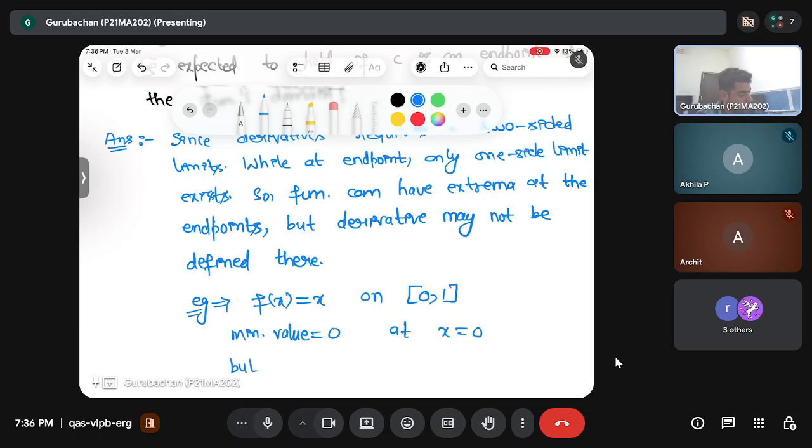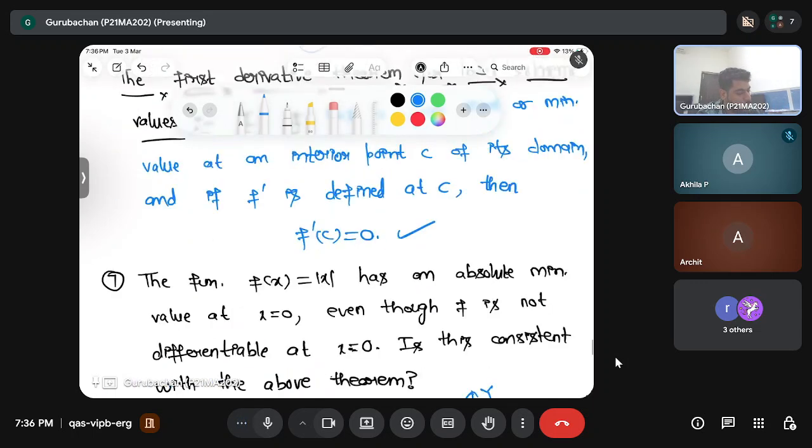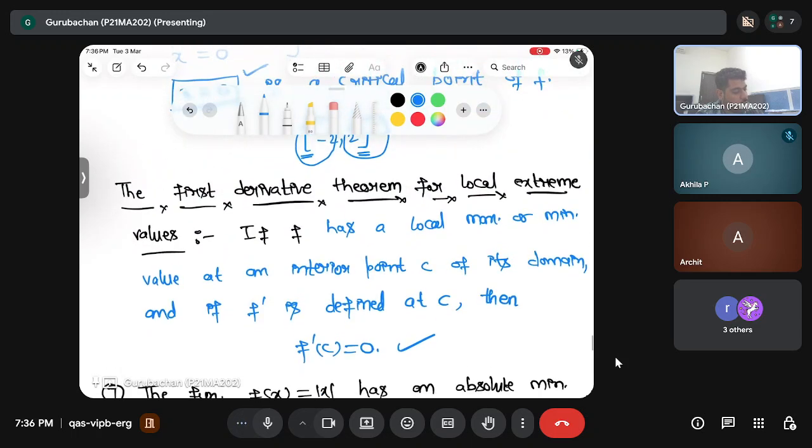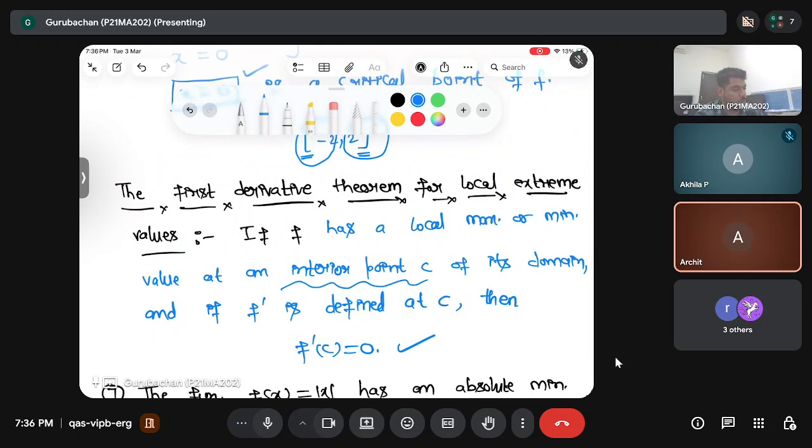But f dash 0 is 1, which is non-zero. So it is not contradicting the above theorem, because in the above theorem we only talk about the interior point c.